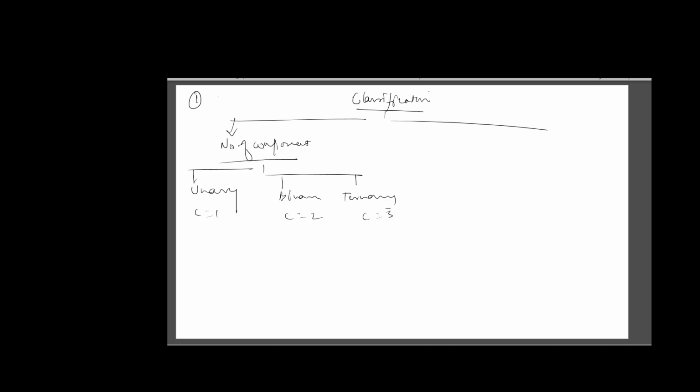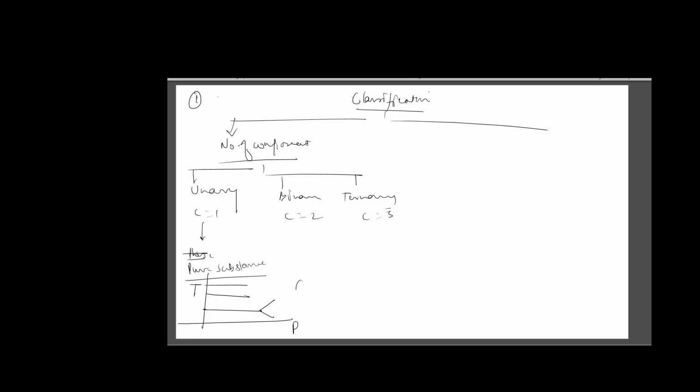Now a unary phase diagram means the component is 1, it is a pure substance. One example is this, with T and P shown.